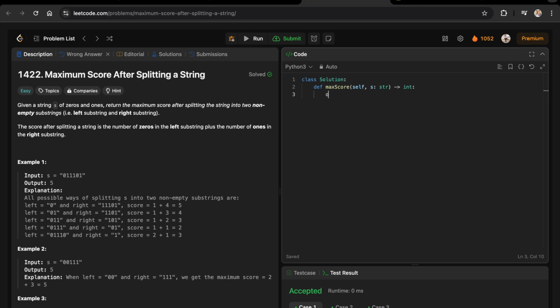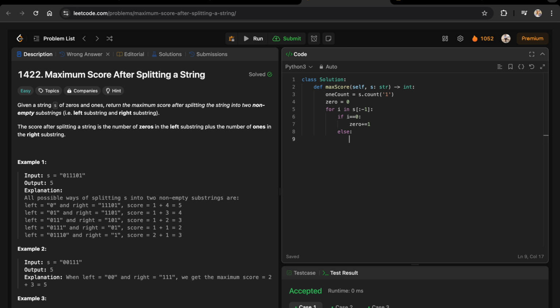First we will take the count of ones in the whole string. Now we will have a zero count, which is 0 for now. Why are we not taking the last one? Because we need non-empty substrings. So if the character is 0, that means we got a zero.